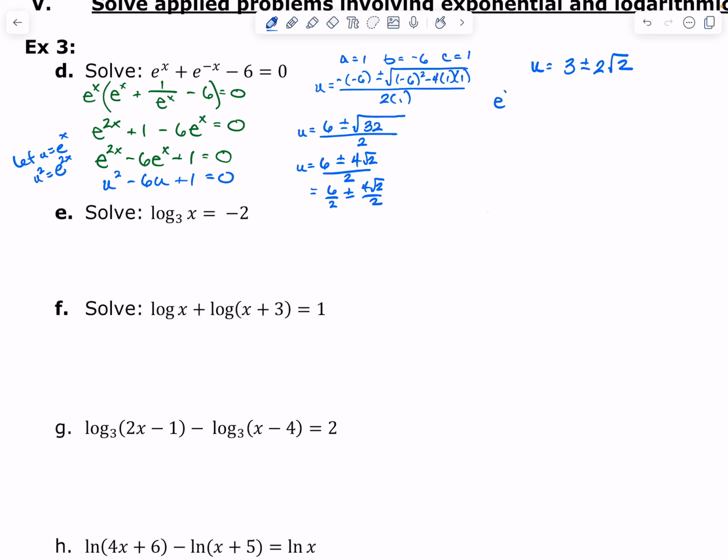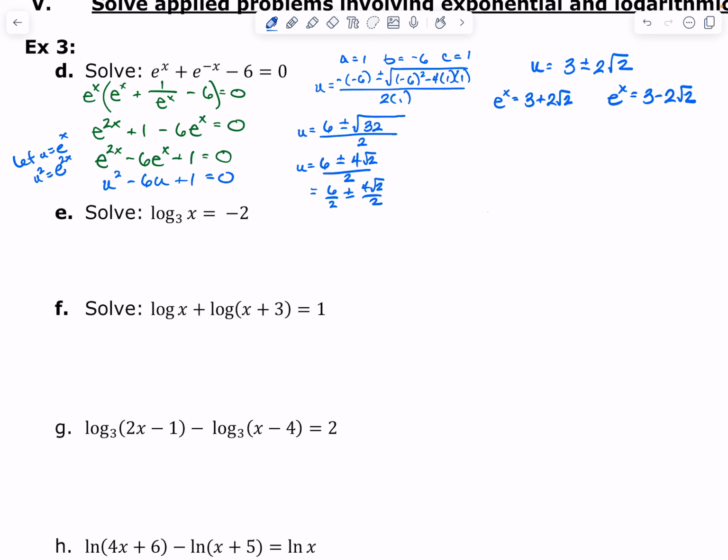And so I got e to the x equals 3 plus 2 square roots of 2. And e to the x equals 3 minus 2 square roots of 2. And I'm pretty sure there's a mistake in the answer key here because I knocked off the 3 minus 2 square roots of 2, thinking that was negative, but it's not.